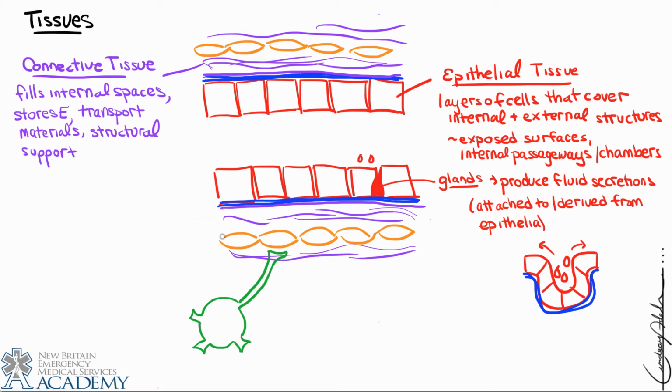Next we have muscle tissue. So muscle tissue is basically responsible for movement. So we're talking about largely body movement, like walking from point A to point B, but also movement of materials throughout the body occurs because of sometimes muscle contraction. So the cells are specialized for contraction.